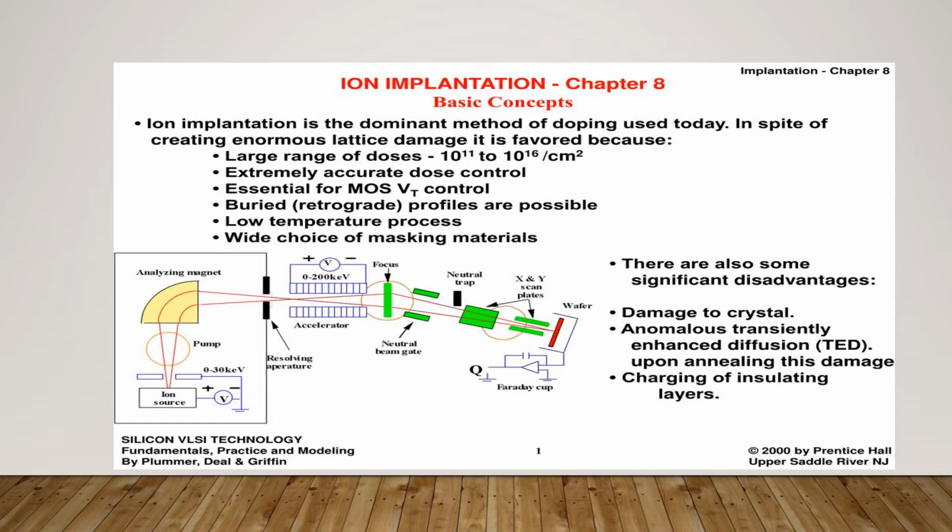For ion implantation, you have this ion source, and the ions are accelerated and passed through an analyzing magnet. Then here is the accelerator, and here you have kept a slit to focus the beam. Then it will pass through the neutral gate, and then it will strike the wafer. This is the process by which ion implantation takes place.